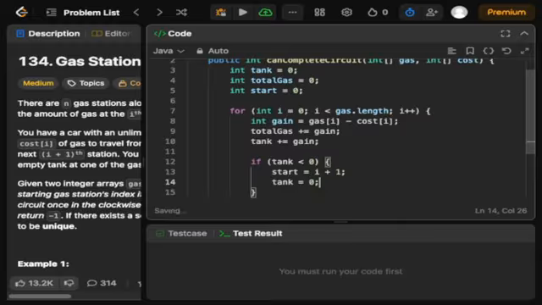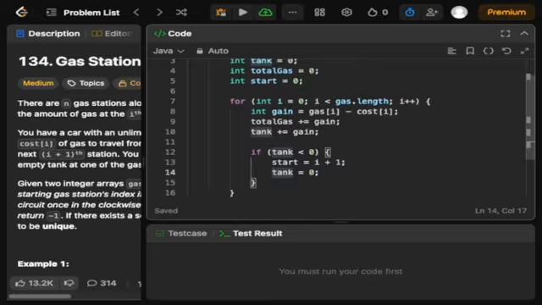But we're not going to reset the total gas, because the tank is just checking as we go along, can we continue to make it to the next gas station? And if we get to the very end and we can't make it through, like our total gas ends up being less than 0, then that's when we're going to return -1, right?